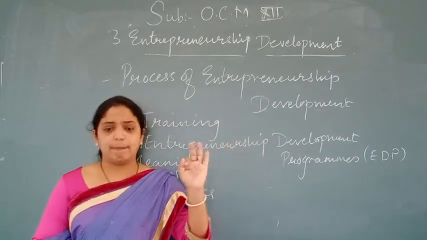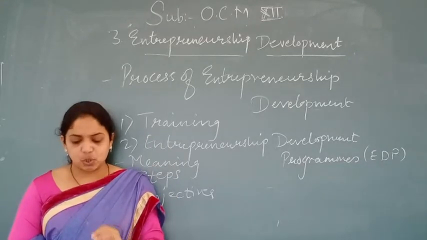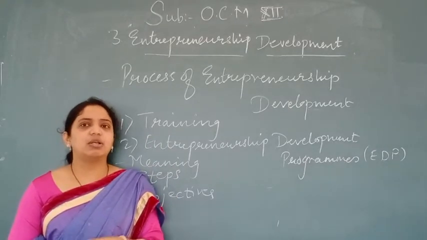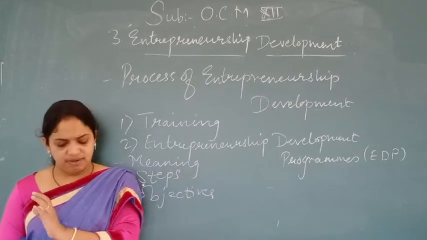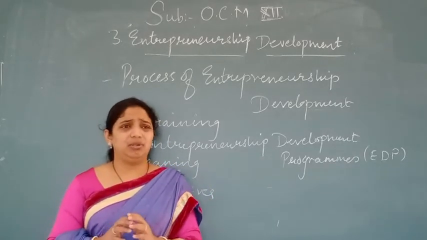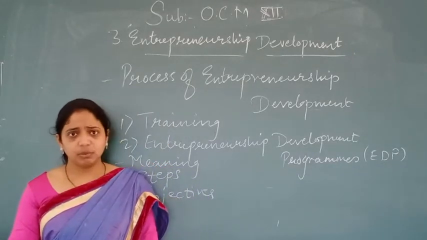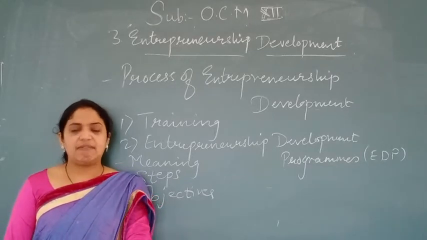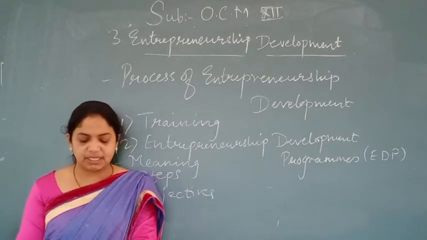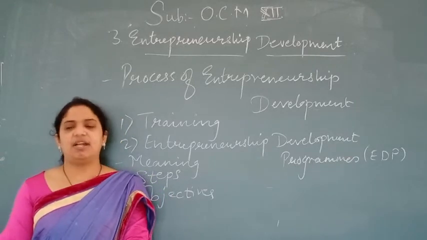Number three is development of backward regions and improving the economic status of socially disadvantaged groups. Some groups are living at a backward level, economically deprived in society. So development of backward regions should be there, and improving the economic status of socially disadvantaged groups.